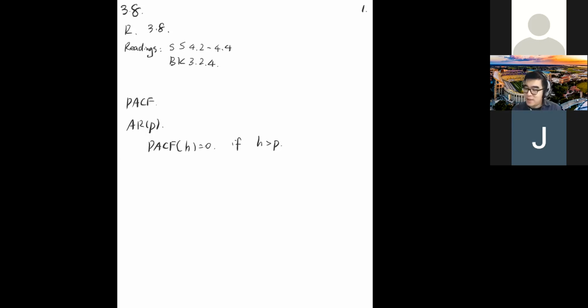Now let's do the MA(q). Since we just recorded the definition of the ARMA model, we want the model to be both causal and invertible.